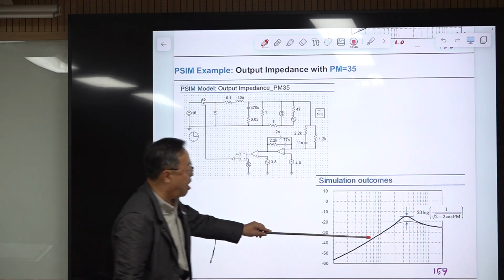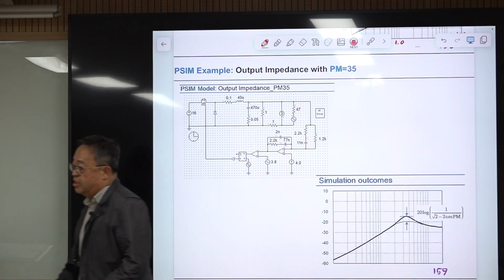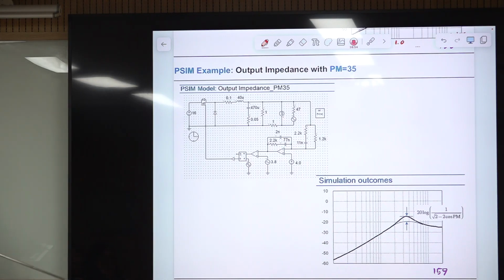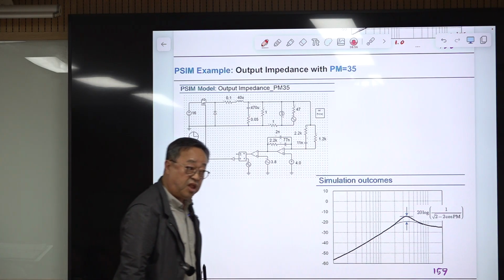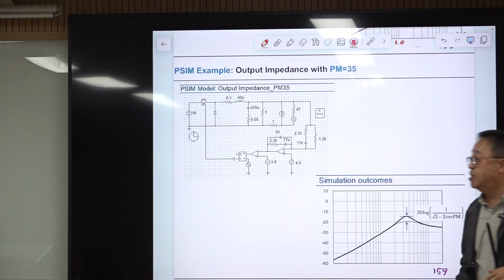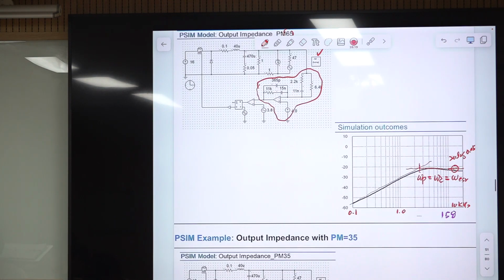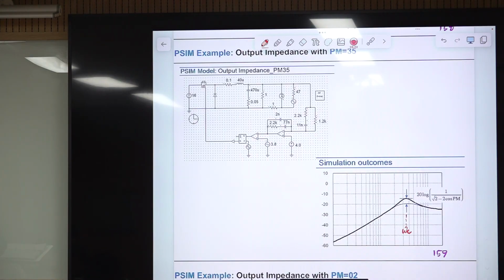One is this output impedance has some bump here. At this frequency, there is several information in this output impedance regarding the loop gain or regarding the system performance. So this frequency is the loop gain crossover frequency, omega C. Previously it was something similar to this.